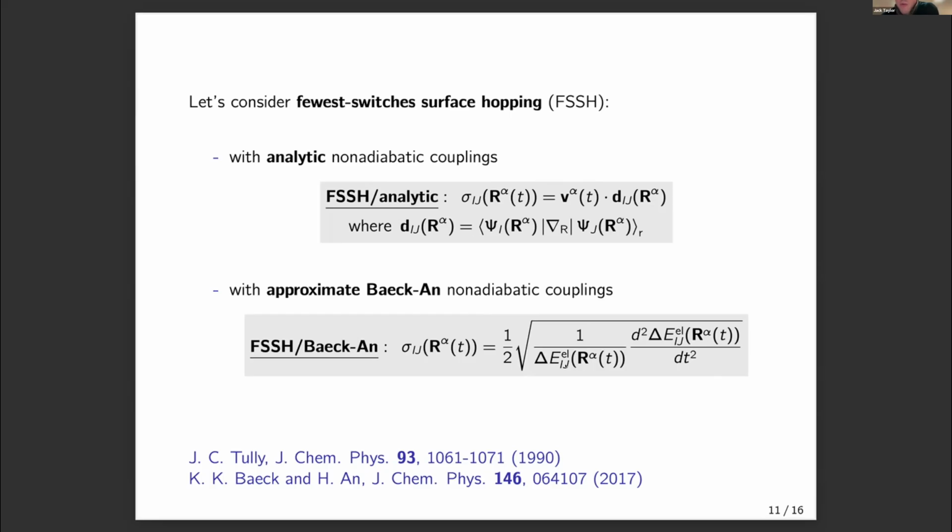Or if you perhaps want to machine learn these quantities, it's easier to machine learn energy quantities rather than the cusp-like nature of the non-adiabatic coupling vector at a conical intersection. So we see that it depends on the curvature of the energy gap.